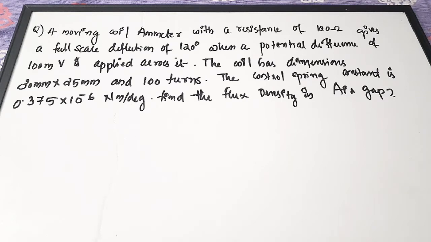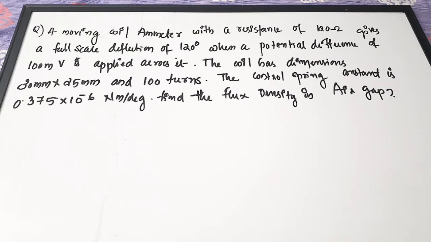So the question is, a moving coil ammeter with a resistance of 120 ohm gives a full scale deflection of 120 degree when a potential difference of 100 millivolt is applied across it. You can apply either voltage or current. You know that according to Ohm's law, you can derive voltage or current from the other value.